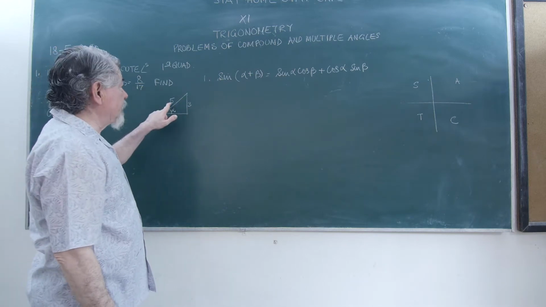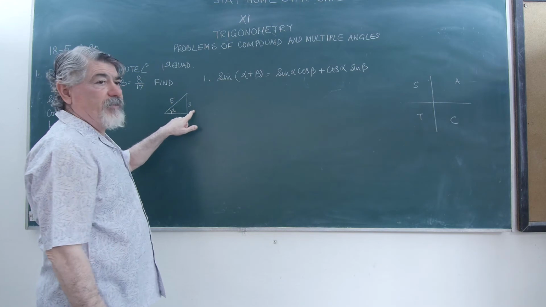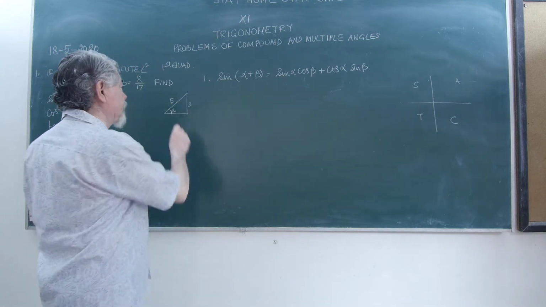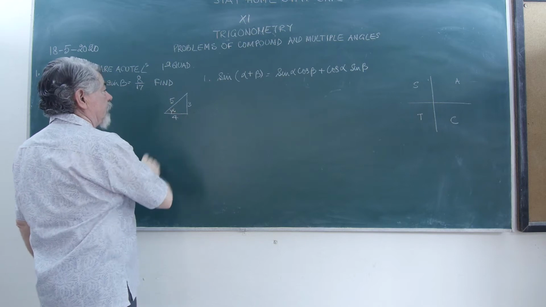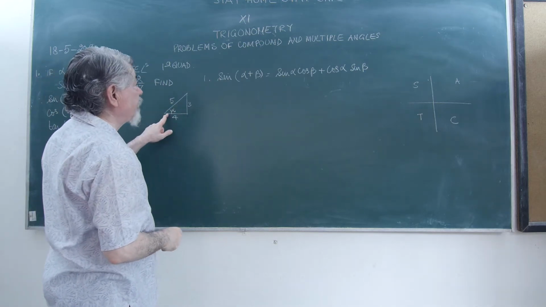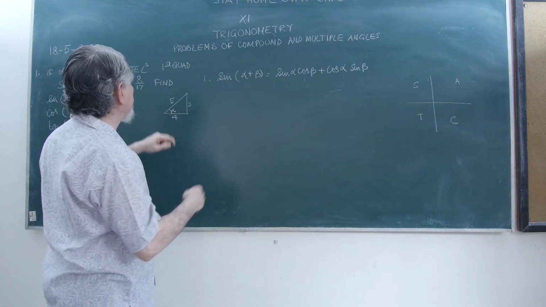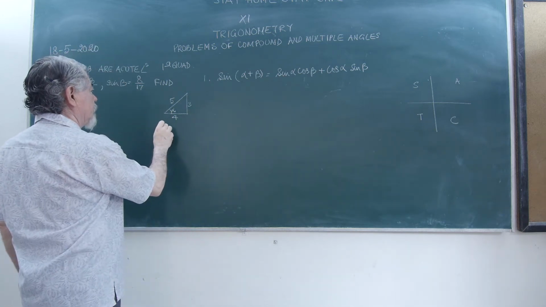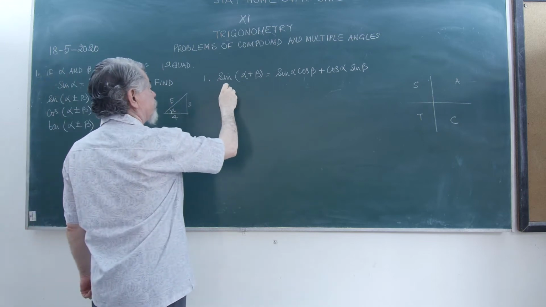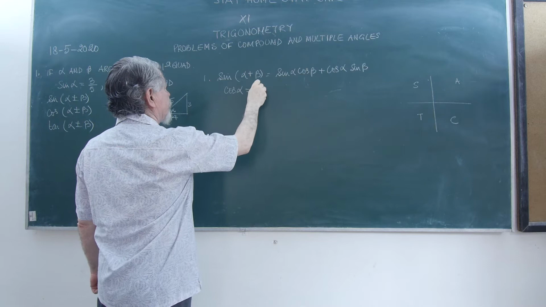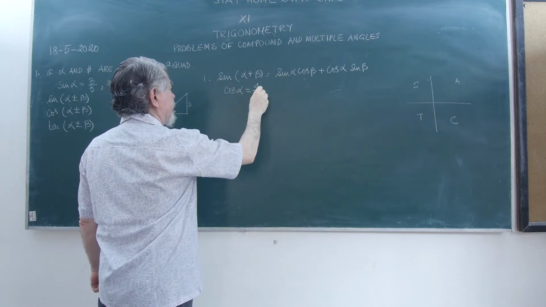We calculate the third side: 5 square minus 3 square, 25 minus 9, which is 16, which gives 4. So cos alpha will come out to be base upon hypotenuse, 4 upon 5.